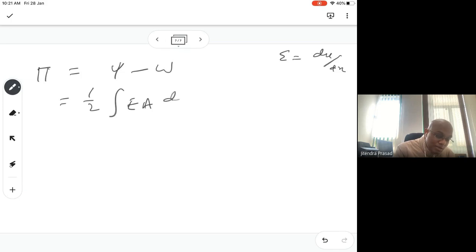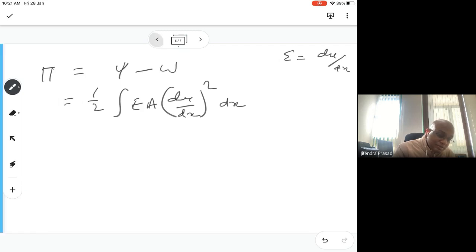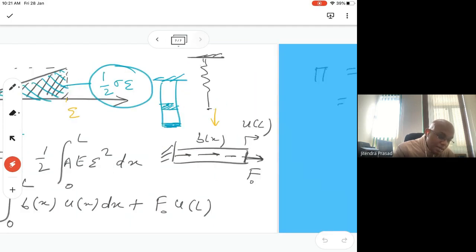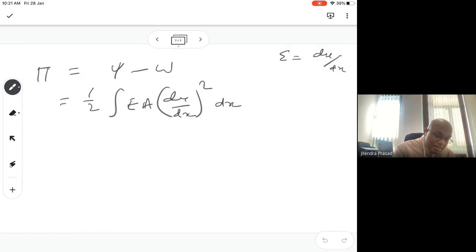So we write du over dx whole square dx. EA, epsilon is du over dx, so a square of that, minus these things, right? And we get minus, over the whole domain, 0 to L, and then you have B U dx.